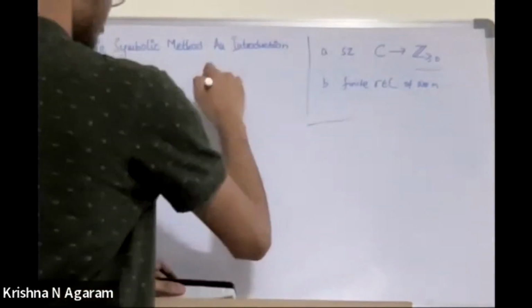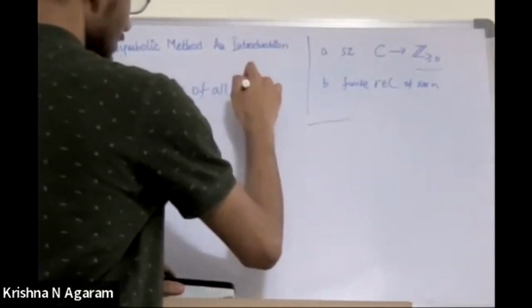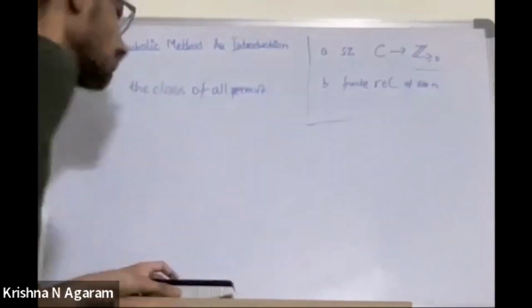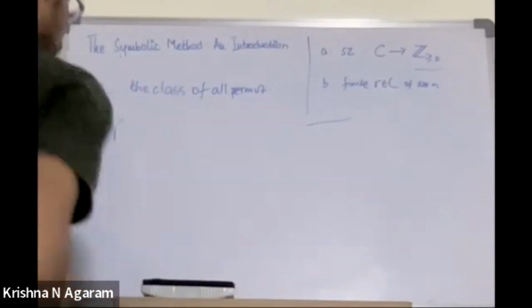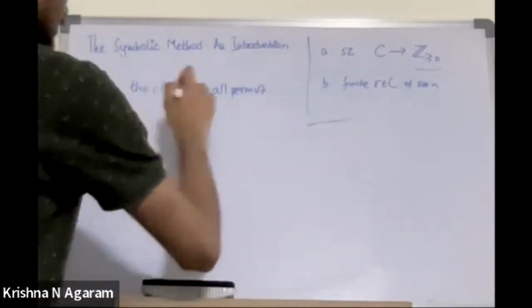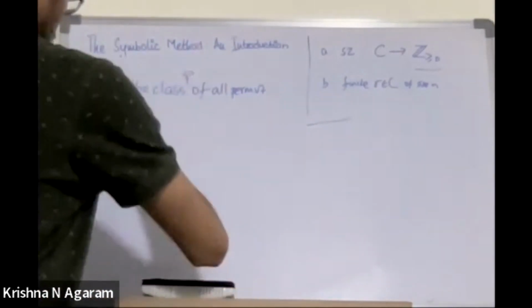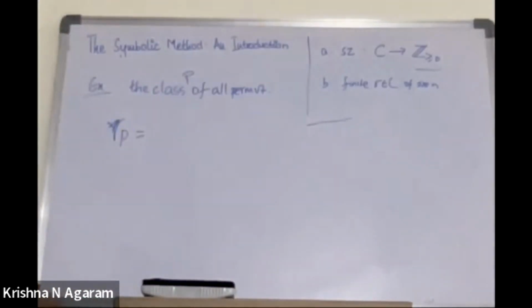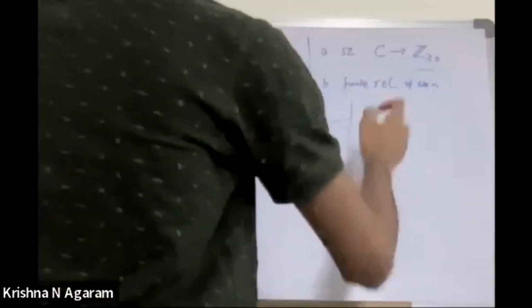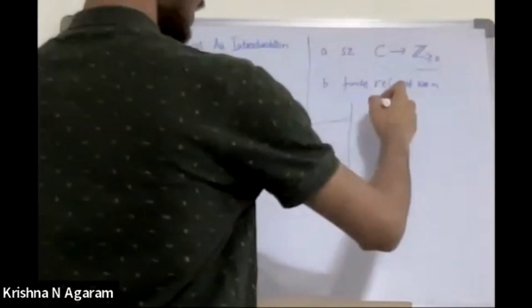So now we look at a more non-trivial class, a class of all permutations. So essentially, here the object gamma. So this class is called P, the object small p. So some notation first. Write this on the side.